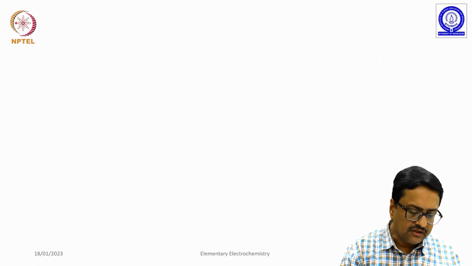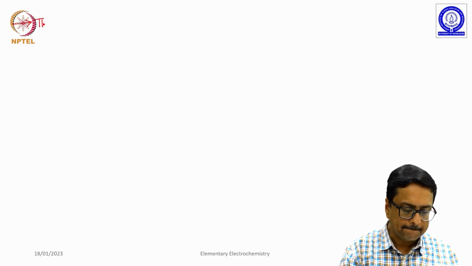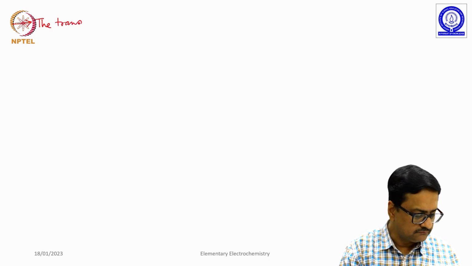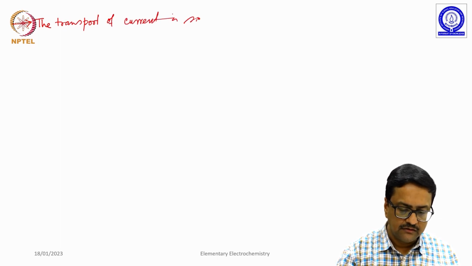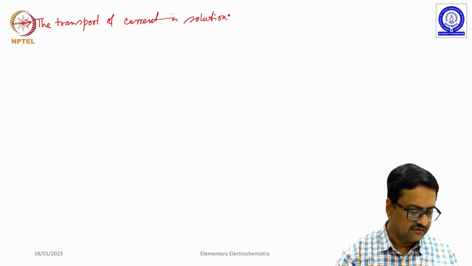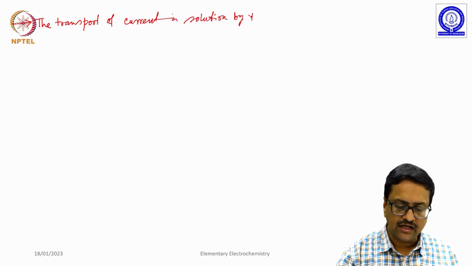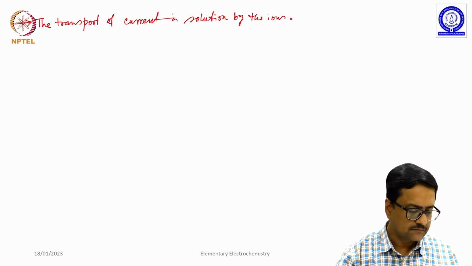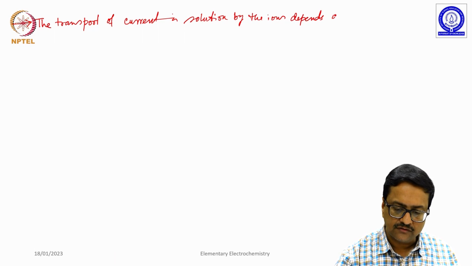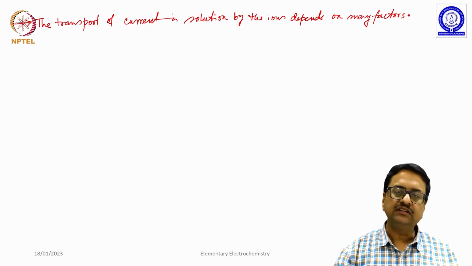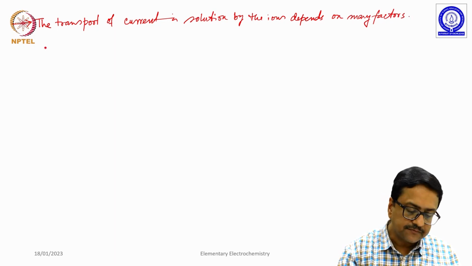So, the transport of current in solution by the ions depends on many factors. Which are the factors that one can think of?